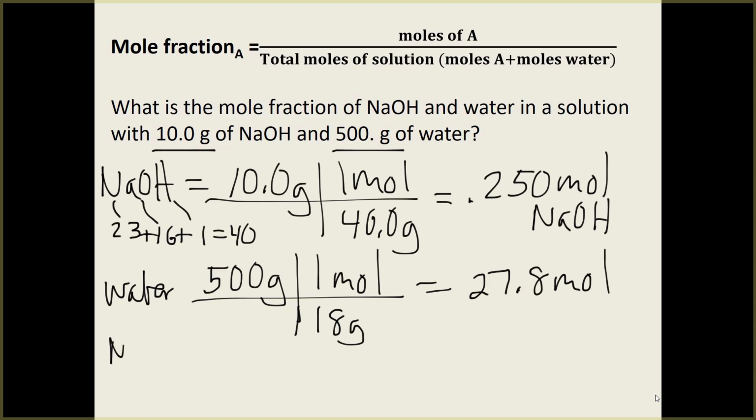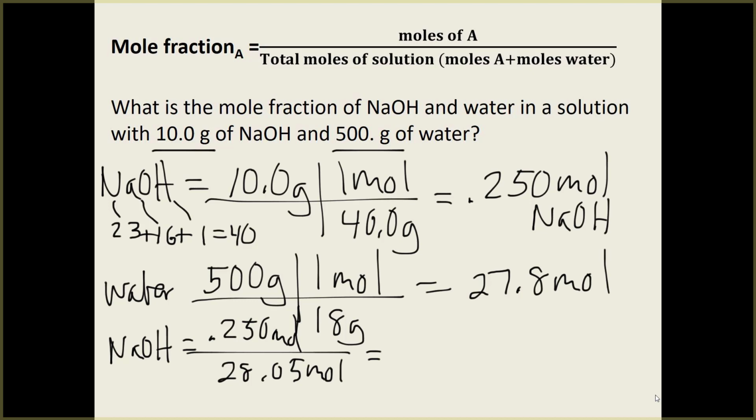For the NaOH, I'm going to take 0.250 moles and divide it by my total moles, which is 28.05 moles. And I get as my mole fraction 0.00891. Again, to find my water, I could just take this answer and subtract it from 1, or I could just figure it out.